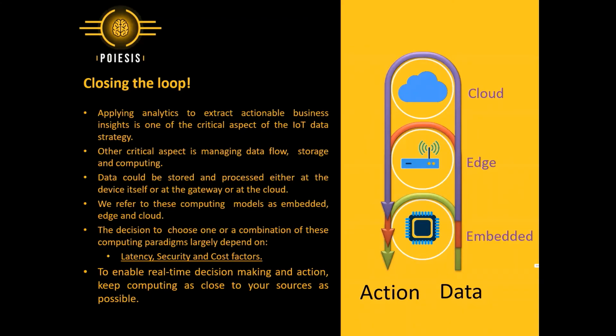We refer to these computing models as embedded, edge, and cloud computing. The decision to choose one or a combination of these computing paradigms largely depends on latency, security, and cost factors.